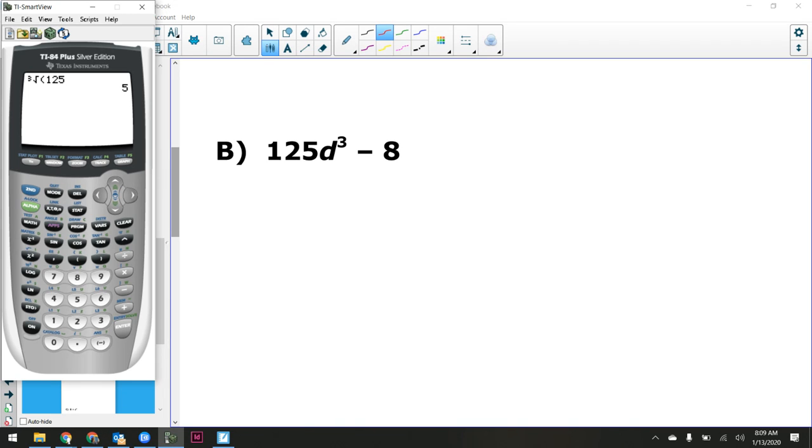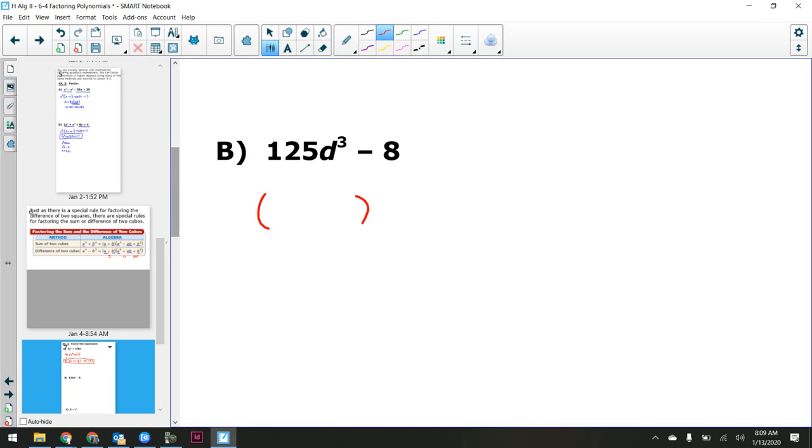Okay, so we have a binomial and a trinomial. Same, opposite, always positive. Cube root of 125d to the third is 5d. Cube root of 8 is 2. I square 5d, it's 25d squared.